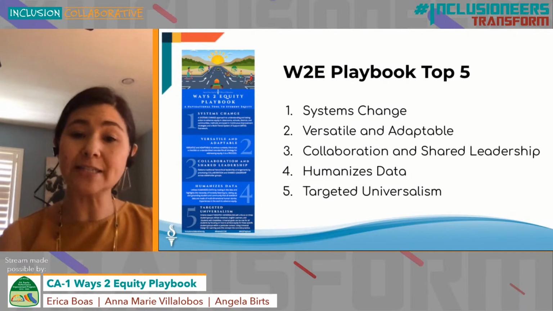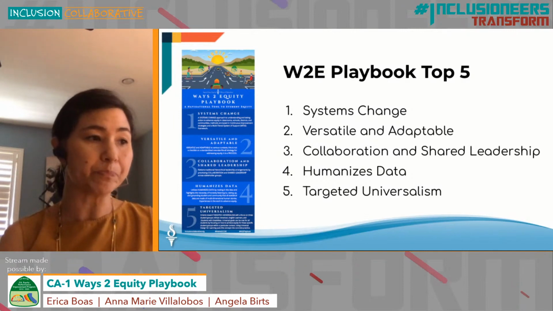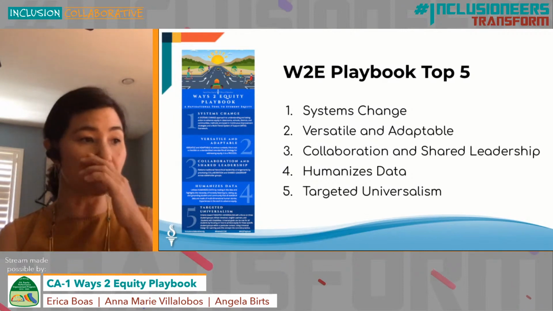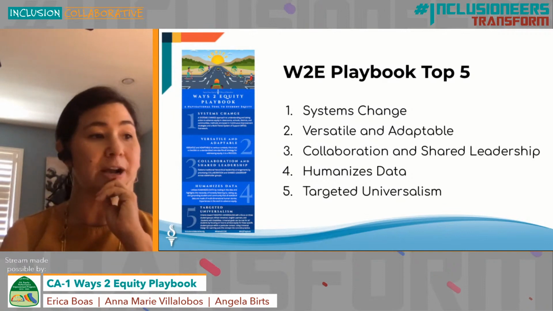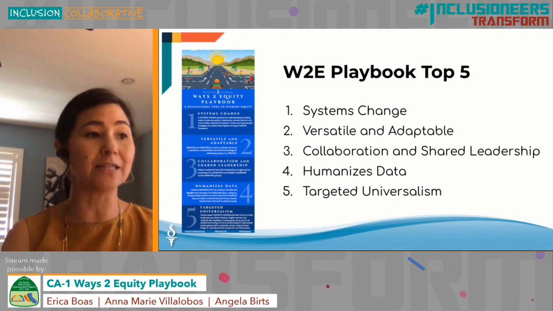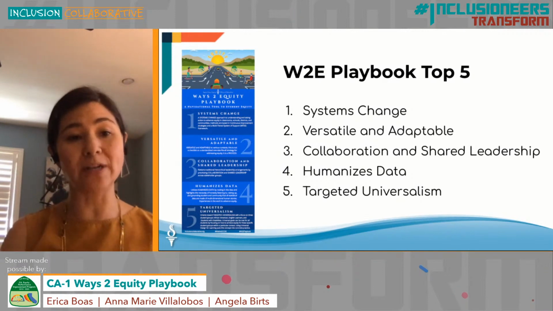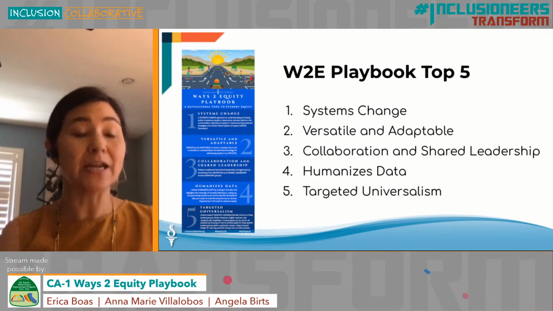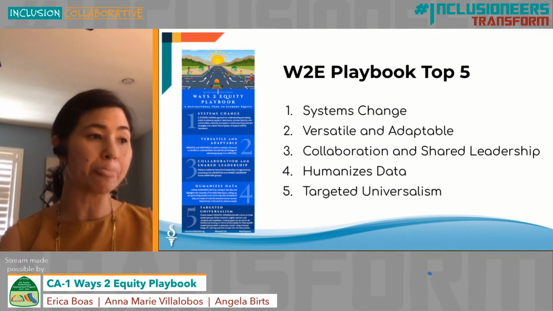Third, it prioritizes collaboration and shared leadership across stakeholder groups by flattening traditional hierarchical leadership arrangements. So we have to be willing to look at the ways in which we have coordinated and structured and understood what leadership means.